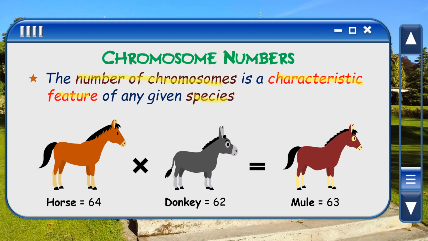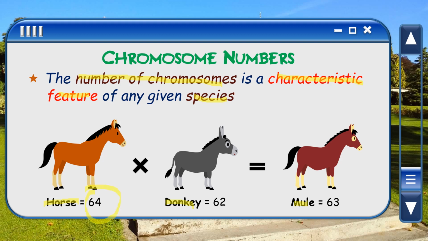Now let us look at the different species here. We have a horse, we have a donkey, and we have a mule. These are different species. How can you identify them? You use their characteristic feature, and the characteristic feature is going to be the number of their chromosomes. The horse has 64 chromosomes.